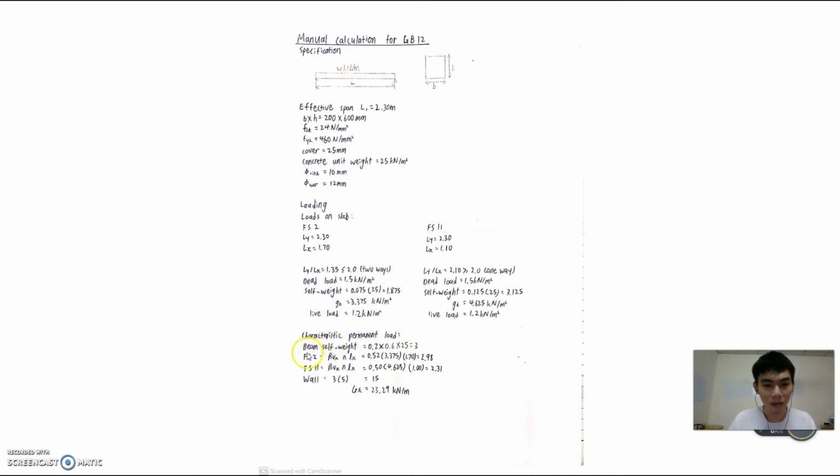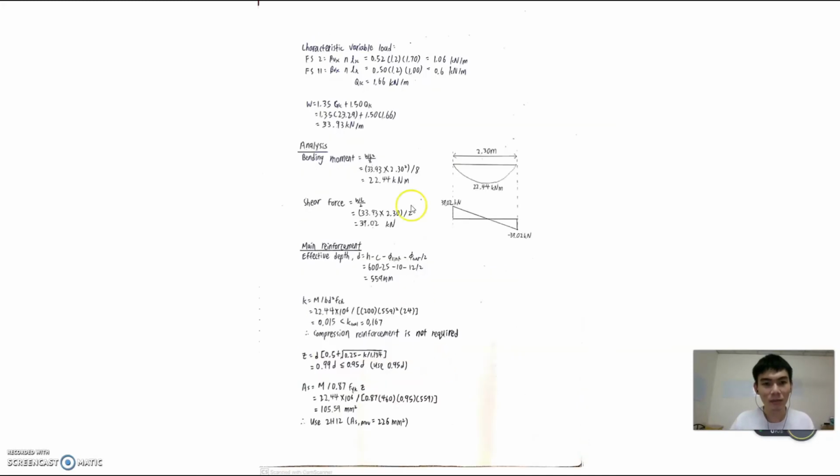We calculate for the beam self weight and then for the load added from FS2 and FS11 and also from wall. So this is our Gk. Next, we proceed with our characteristic variable load.